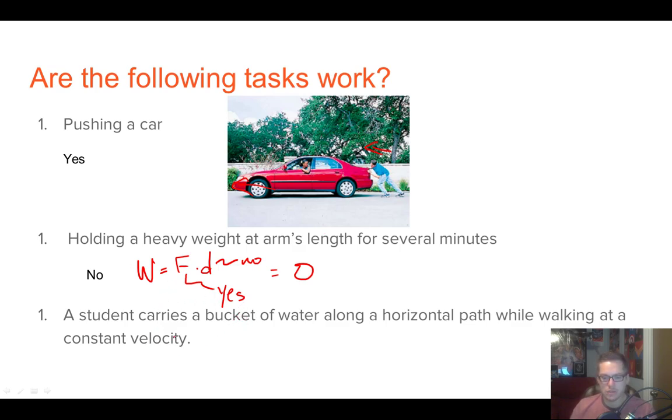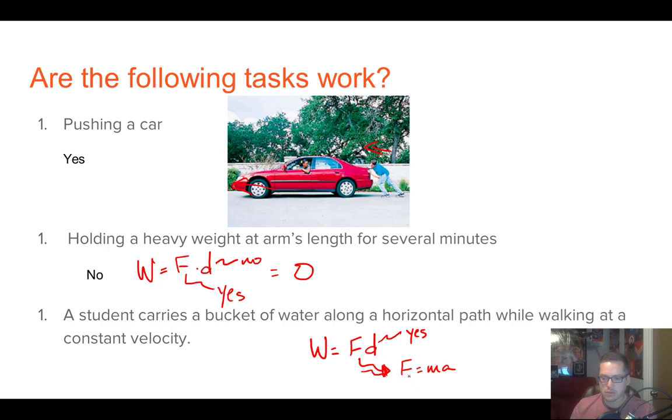A student carries a bucket of water along a horizontal path while walking at a constant velocity. Now let's think about this again. Work is equal to force times distance. We're carrying it, so yes, the distance is moving. But let's think about force for a second. What's our basic formula to define force? It's F equals mass times acceleration.